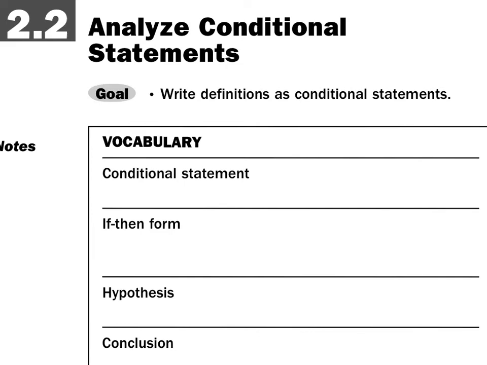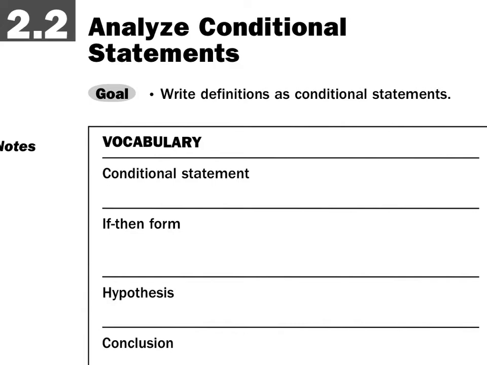2.2. Analyze conditional statements. This section has a lot of vocabulary in it, so you probably need to take some time and sit down and really memorize these. So the first one is a conditional statement.